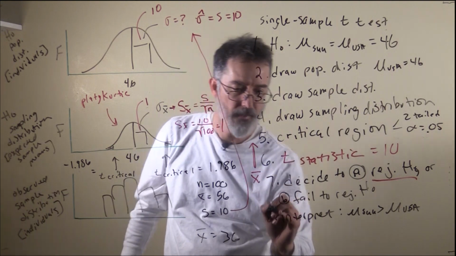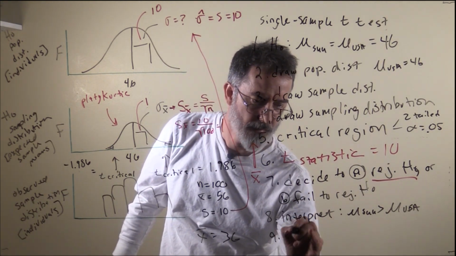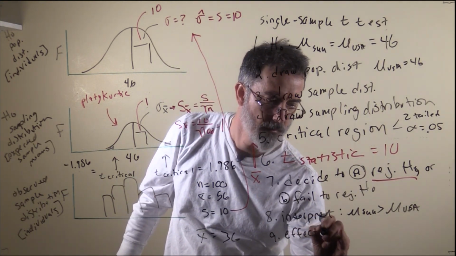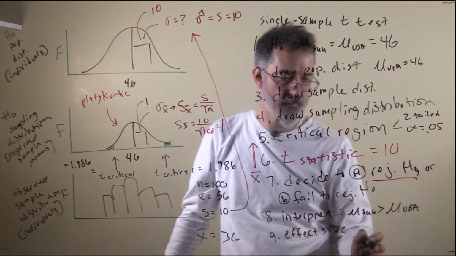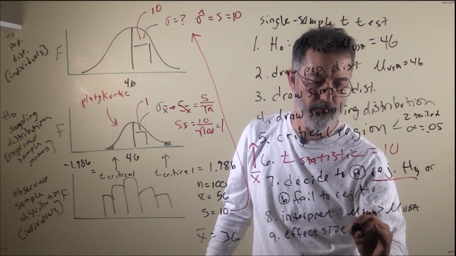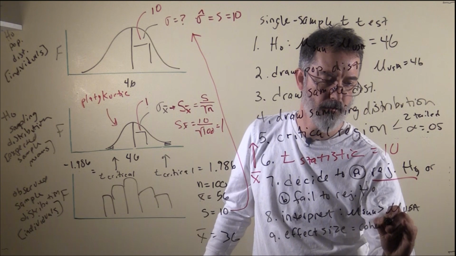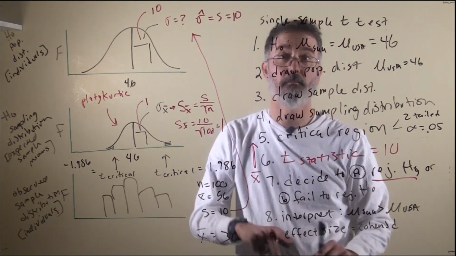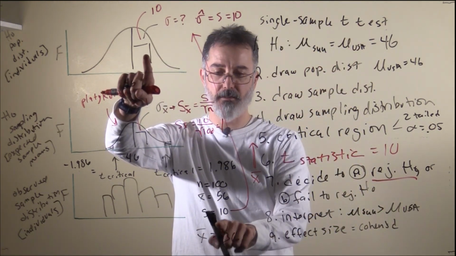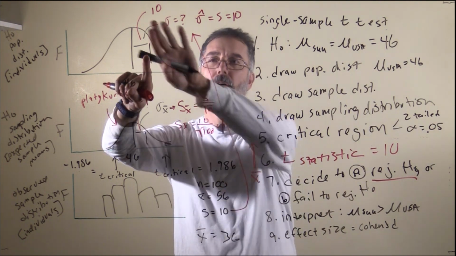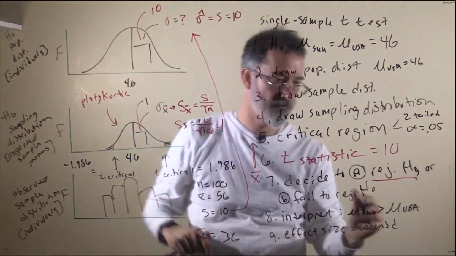The next thing we can do is calculate our effect size. And it's also going to be Cohen's d like it was for the z-test. And remember, this is how many standard deviations our sample is over at the population level.